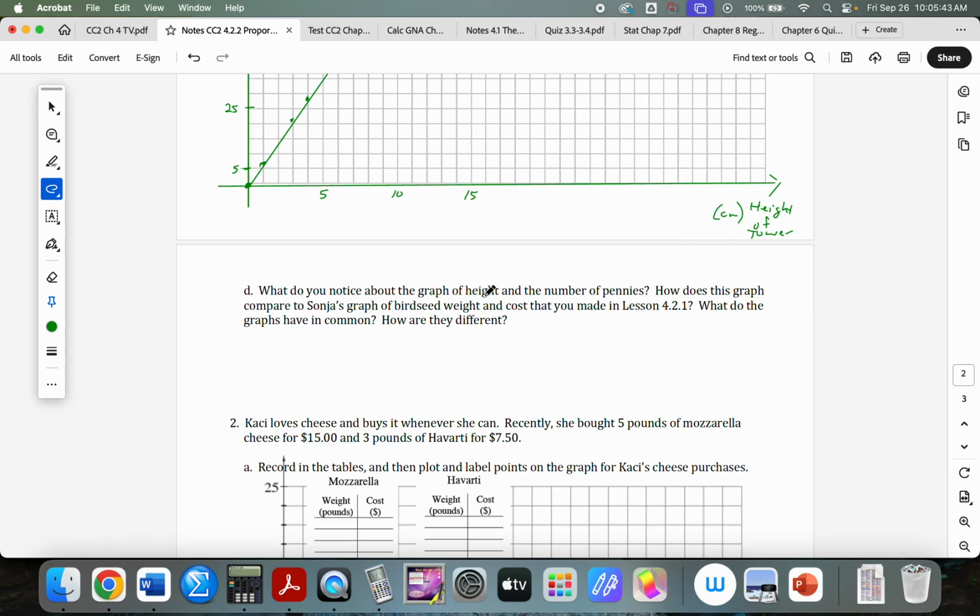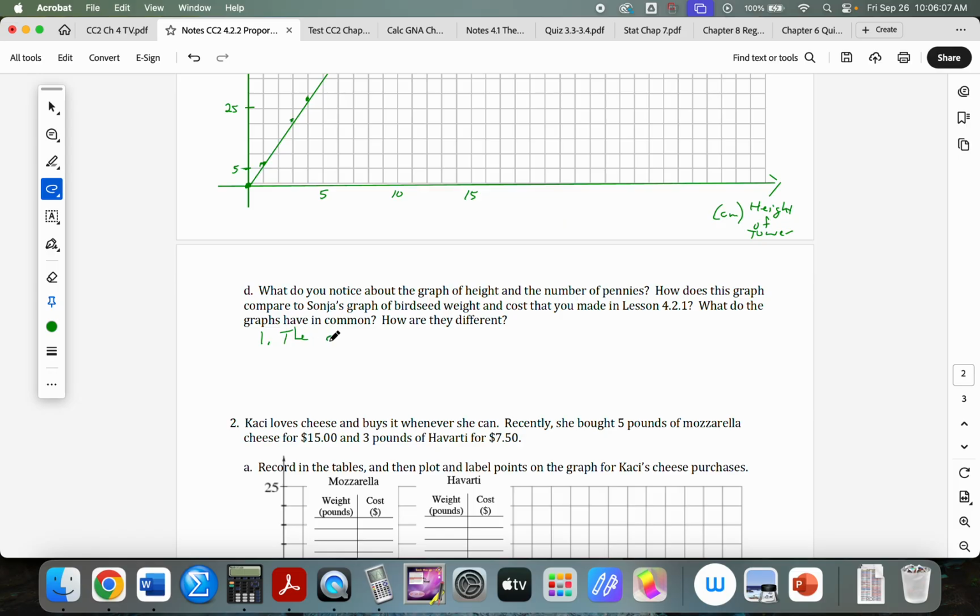So what do you notice about the graph of height and the number of pennies? Two things. One is, when you're looking at the whole graph, is it straight or not? It's pretty straight. Looks straight to me. So what do we call that? It's proportional.